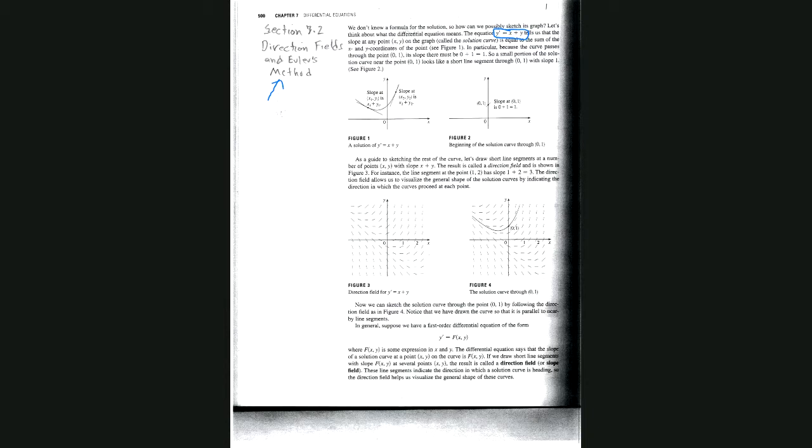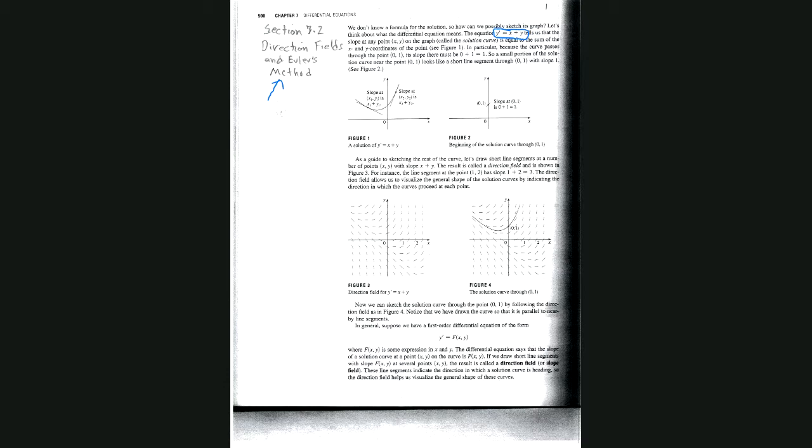So in this figure, they're looking at a solution of y prime equals x plus y. They're claiming that this curve here is a solution.